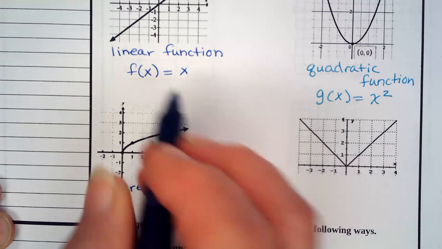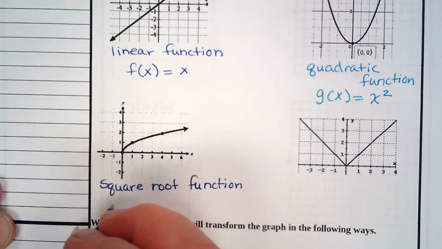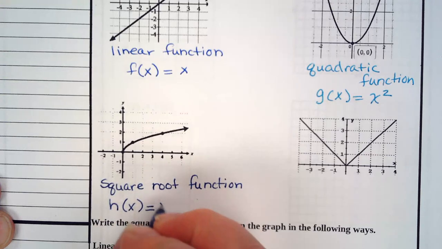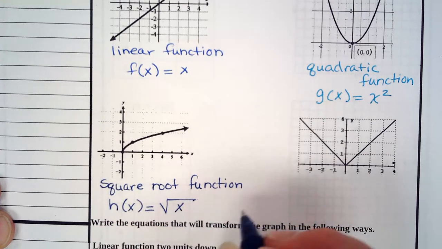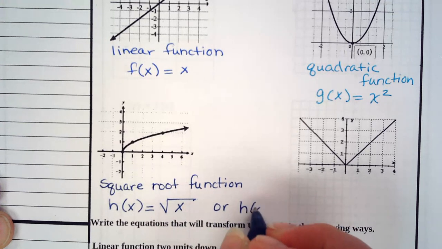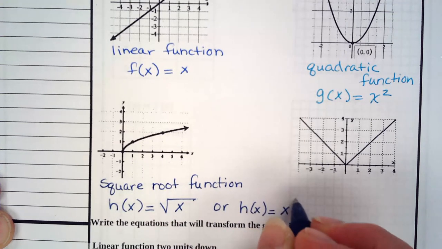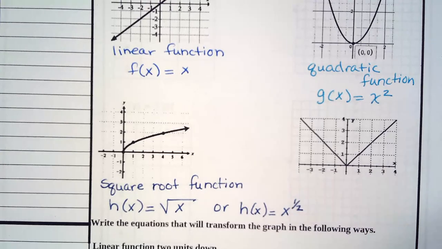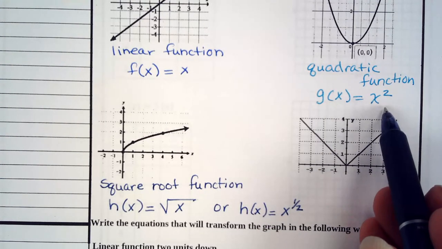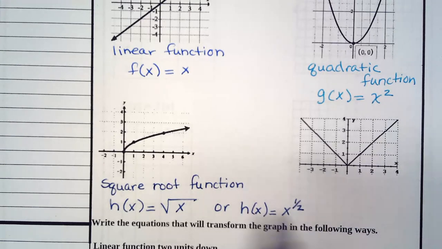Okay, so we've used f, we've used g, let's use h. H of x is equal to the square root of x, or h of x is equal to x to the 1/2 power. So as you notice, this is squared, this is to the 1/2 power, and it just kind of shifts it over to where it lays on its side, and you only see half of it.